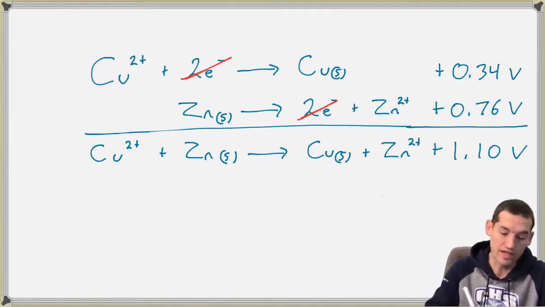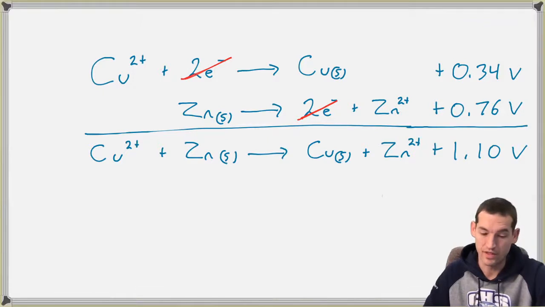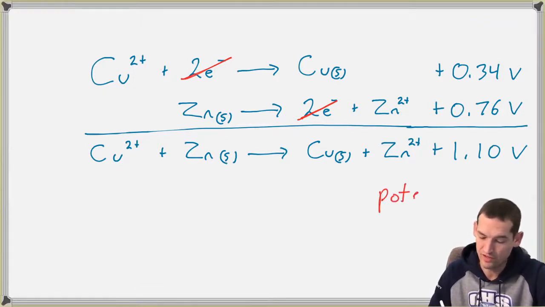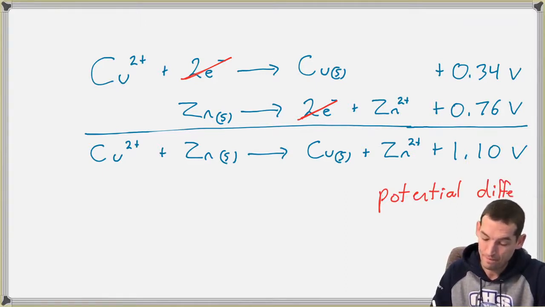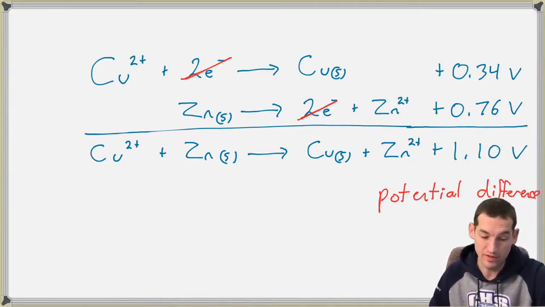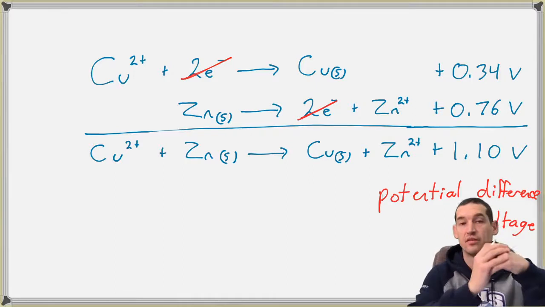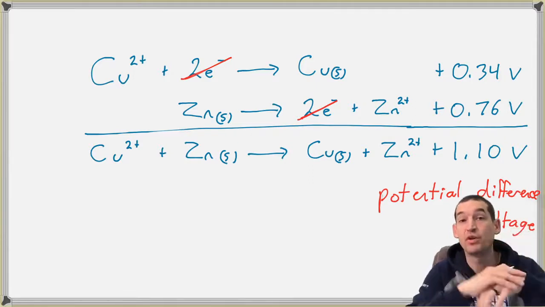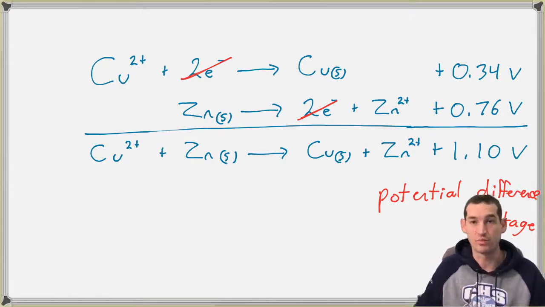Sometimes they'll call that the potential difference, or sometimes they'll call it the potential voltage. Essentially, that's a way of saying under the perfect circumstances, how many volts could this system produce.